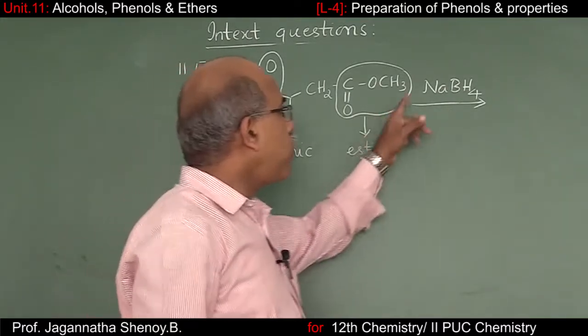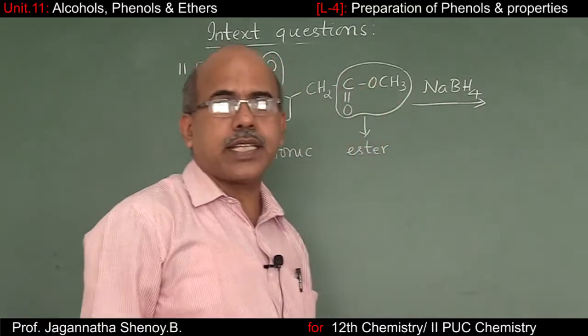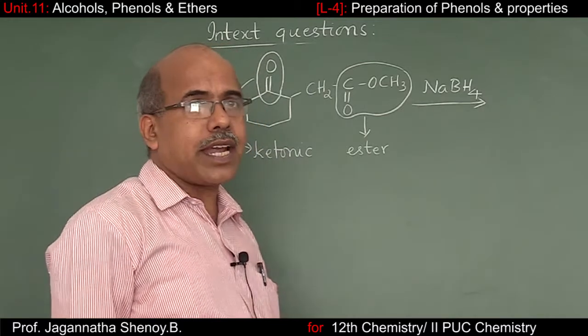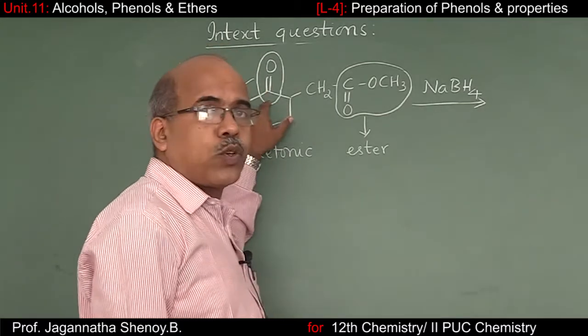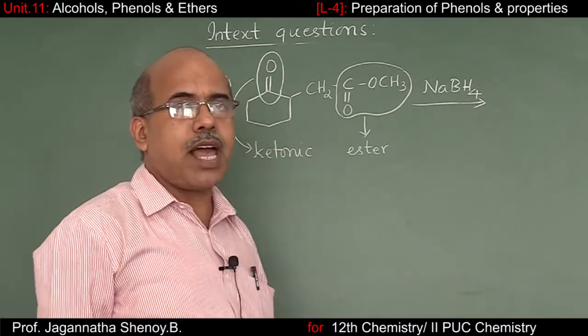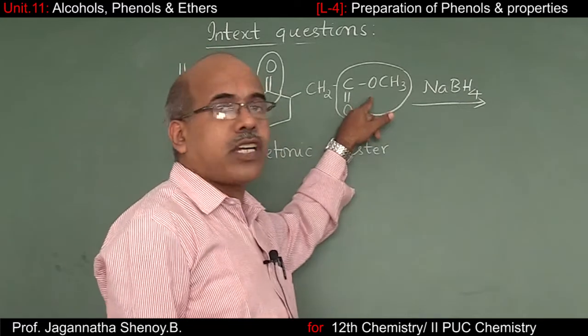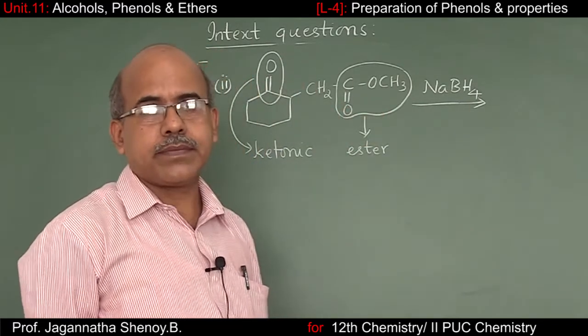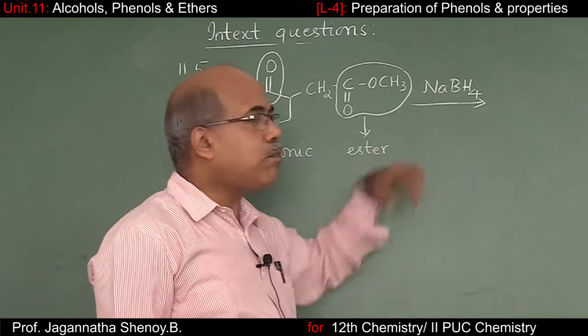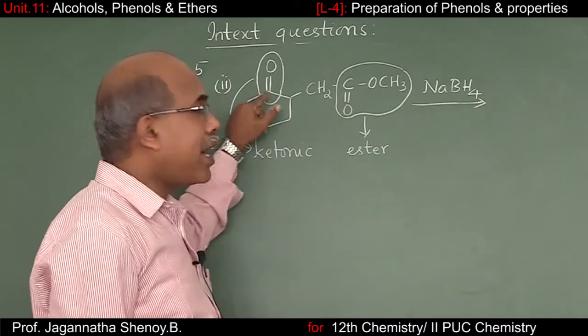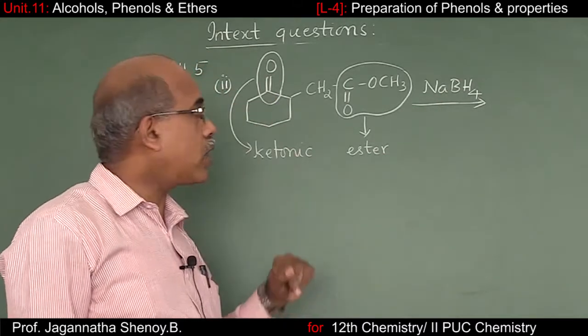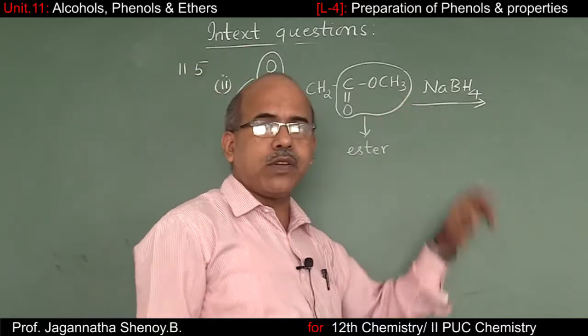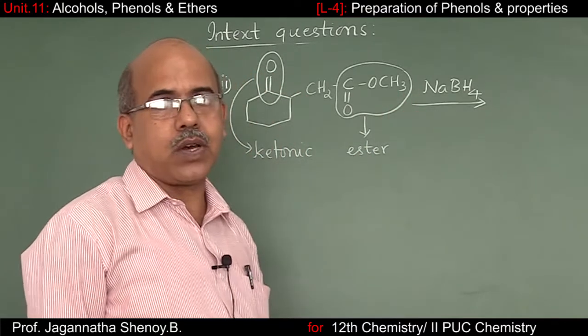You know, sodium borohydride is a reducing agent and it can reduce a carbonyl group into the respective alcohol, but it cannot reduce an ester into an alcohol. I repeat, sodium borohydride can reduce a carbonyl group into alcohol, but it cannot reduce an ester into alcohol.